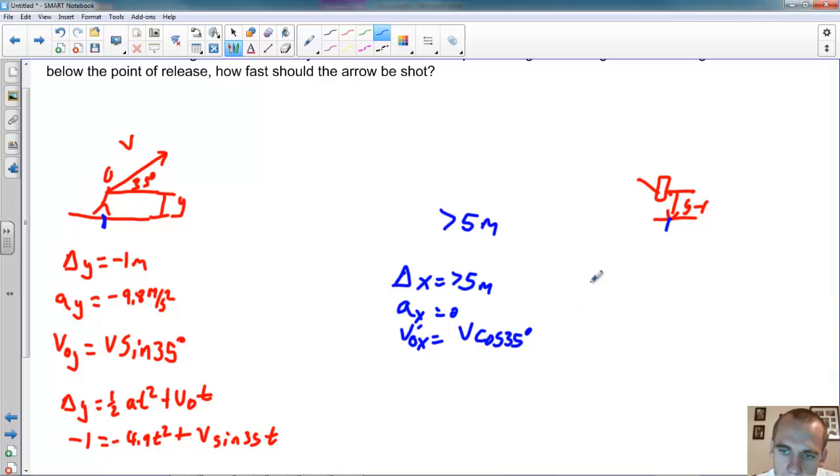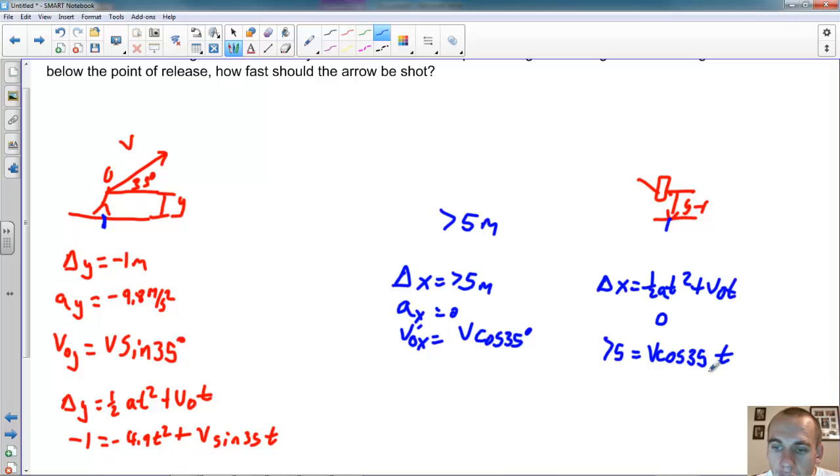So I can say delta x equals 1/2 at squared plus v naught t, except this is 0, so I have 75 equals v naught, which is v cosine 35, times t.